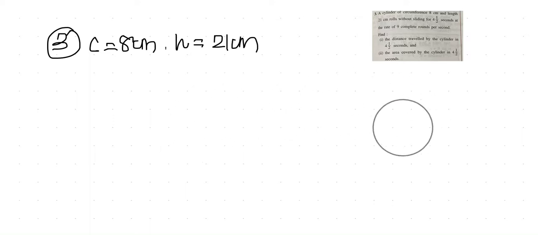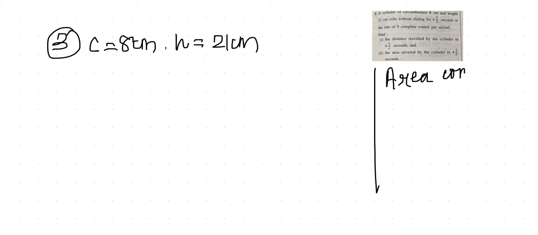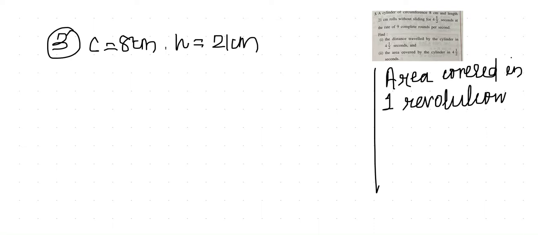So before solving, write down, somewhere on the side I'll be mentioning this fact: area covered in one revolution is equal to CSA, and this is only for a cylinder, children, okay, is equal to curved surface area, and this in turn is equal to 2 pi r into h. Okay, so if you know this thing, children, then half of your question has been done. Okay, now what is the question, children?